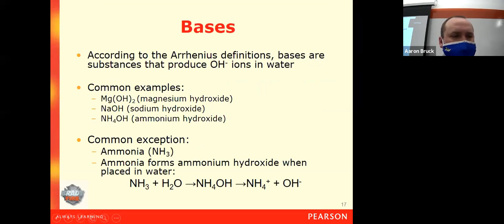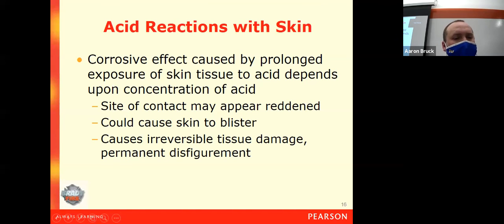Primary contact will show reddening of the skin at the site of contact, kind of similar to a low-level first-degree burn, where you can find just these little pink-red patches on your skin where it has come in contact with you. Prolonged exposure to higher concentrations will actually start to cause blistering of the skin.